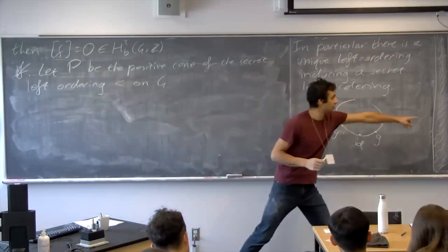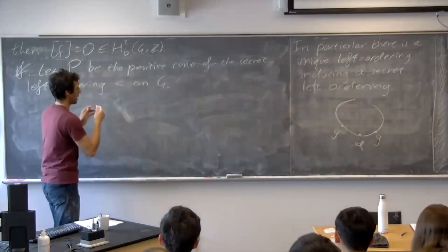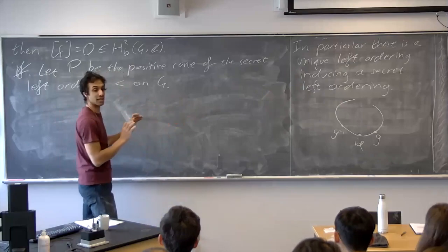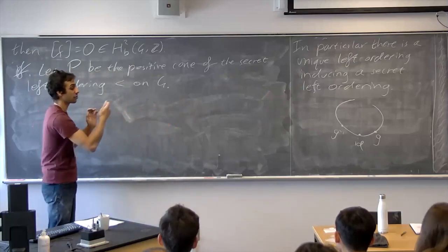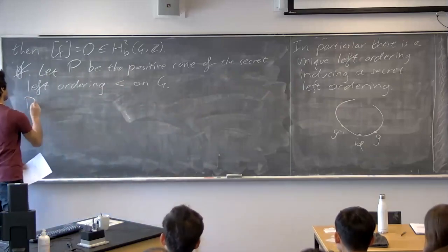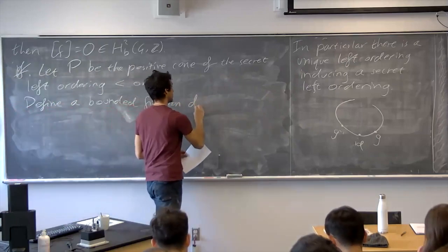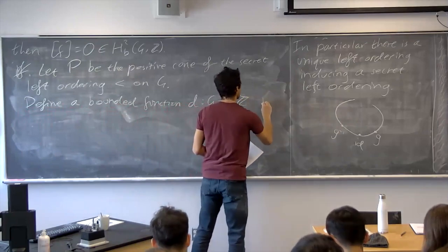So there's some function such that F is equal to D of A plus D of B minus D of AB. There's some coboundary condition you have to show that F satisfies. So we're going to define a bounded function B from your group Z as follows.